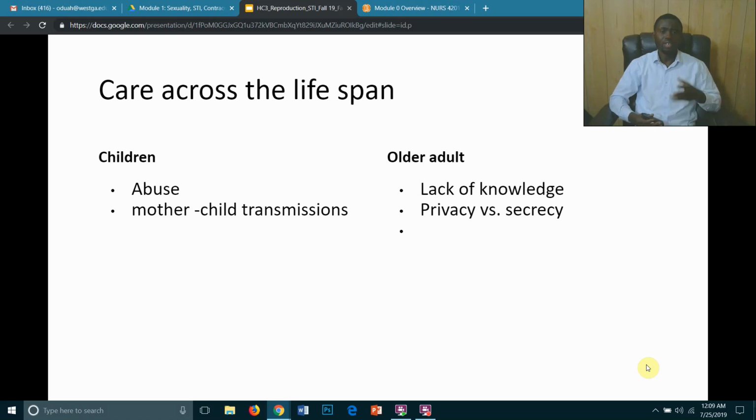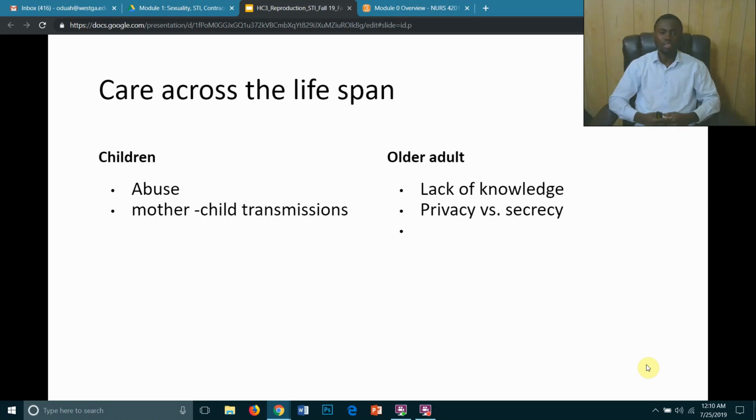As such, if the nurse has a client who reports with chlamydia and this client is a child, then the nurse should suspect that there is abuse going on and report this type of abuse in a prepubescent child who tests positive for chlamydia to the appropriate authorities.